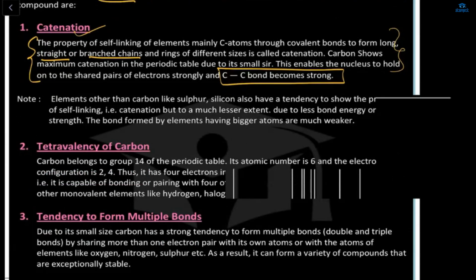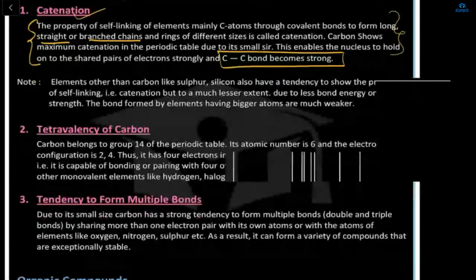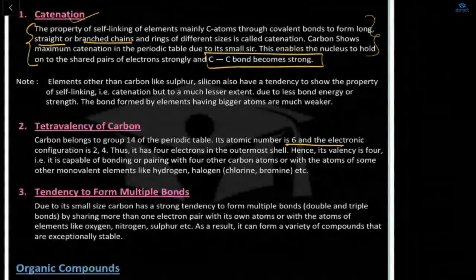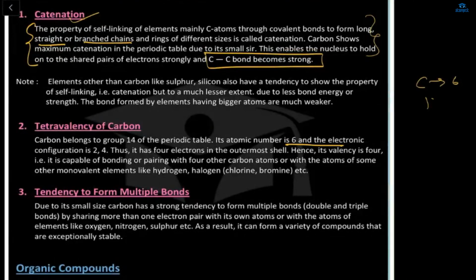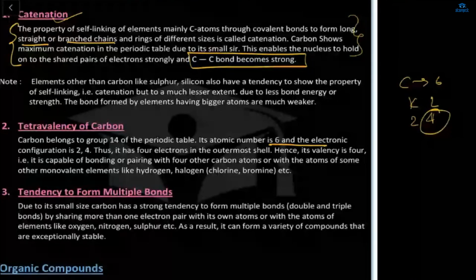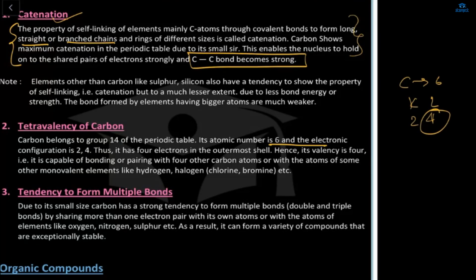This is tetravalency. Tetra means four, we already know. Carbon's atomic number is 6 and its electronic configuration is 2, 4. So it has 4 electrons in the outermost shell and needs 4 more. The valency will be 4 here.